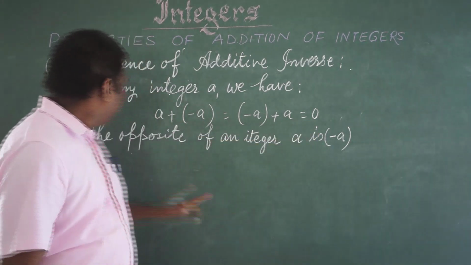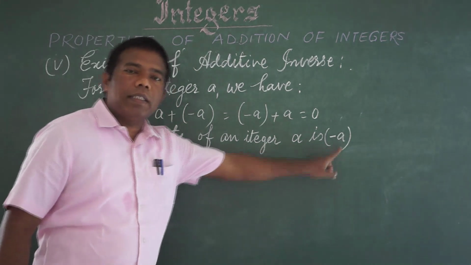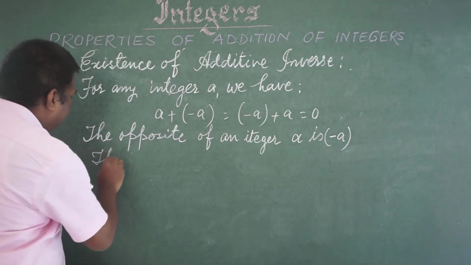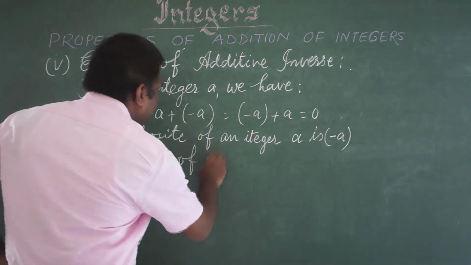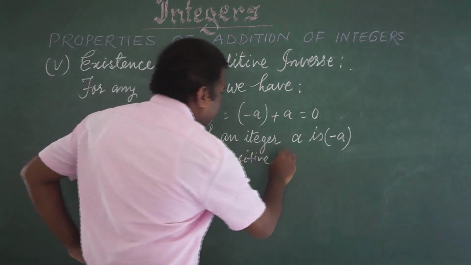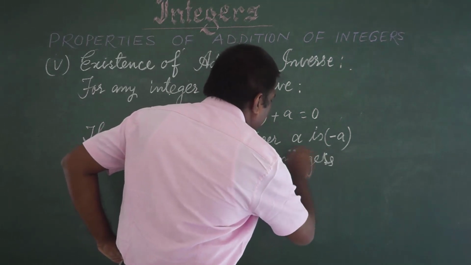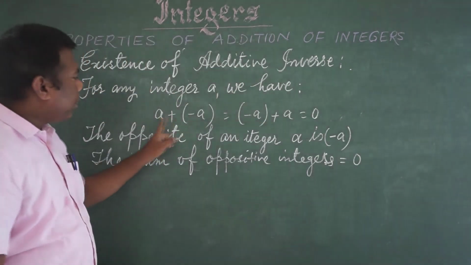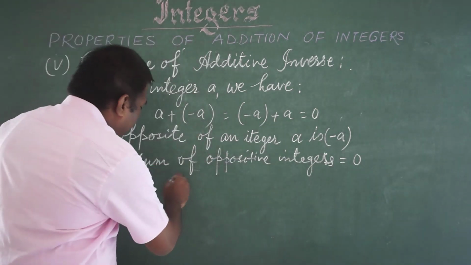You will get 0. So the opposite of an integer a is minus a, and the sum of opposite integers is equal to 0.